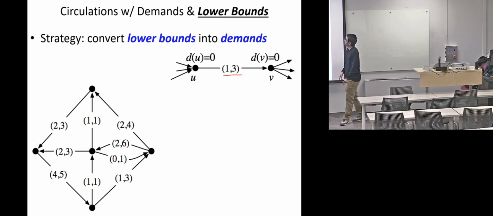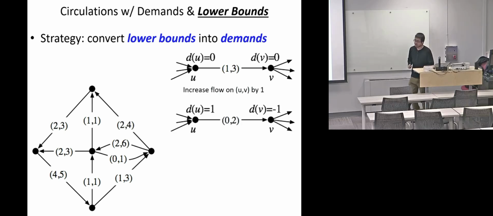If you put the flow value here to be just 1 from the beginning, you don't care about anything, just certify the lower bound first. Then you don't have a lower bound anymore, and the capacity is decreased from 3 to 2 because you used up 1 unit already on this edge.